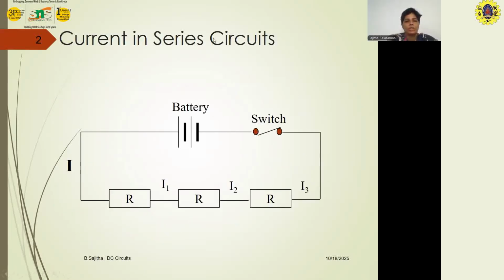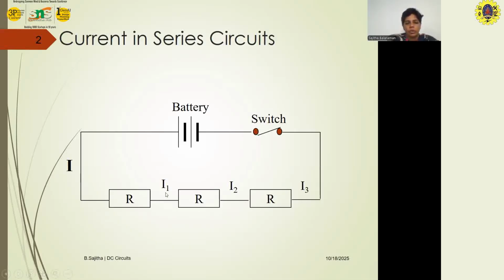Now moving into the current in series circuits. You can see there is a battery source and a switch, and the total current I flowing in it. There are three resistors R1, R2 and R3, and for easiness it is called just R alone.